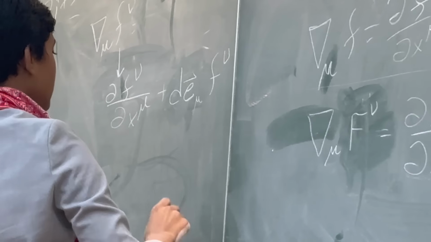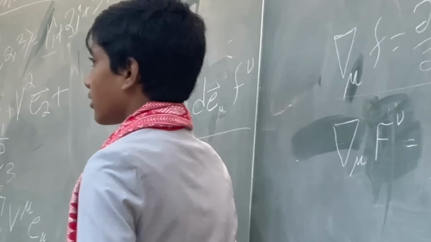So this is how we write the covariant derivative.